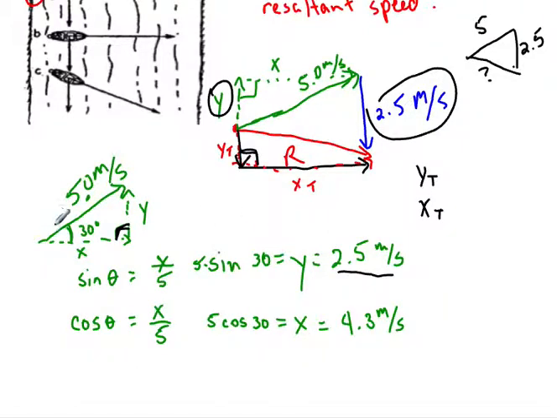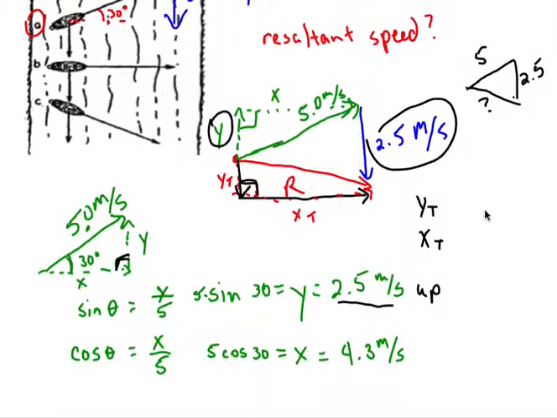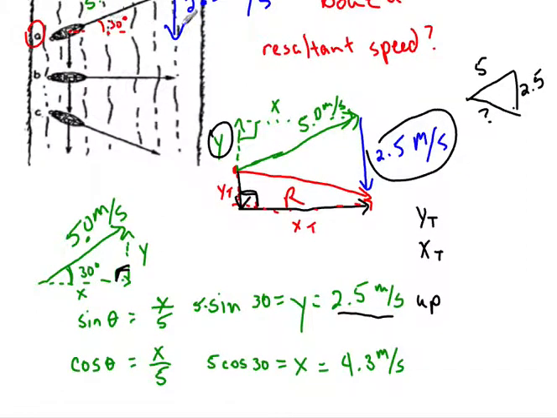That's positive, so that's going up. And in the x, I got 4.3 meters per second. So that's just across. In this case, the positive is to the right. If I look at my drawing, this way is positive, so that's to the right.